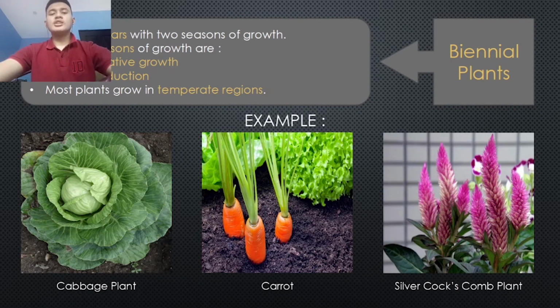During winter, these plants will briefly stop the process, but during summer and spring, these plants will continue the growth process as preparation for reproduction by flowering. The plants will be able to flower and produce seeds and eventually die. Examples of biennial plants are cabbage plant, carrot, and silver-fox cone.